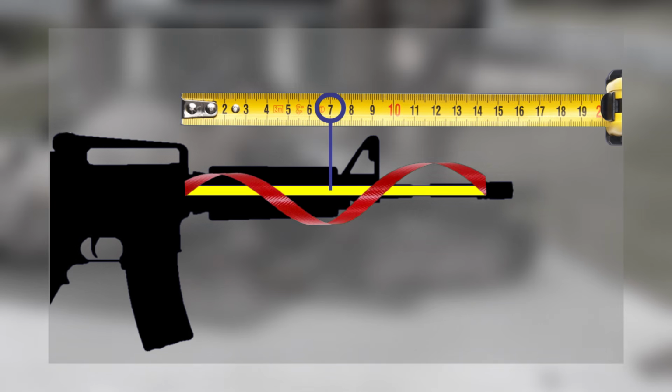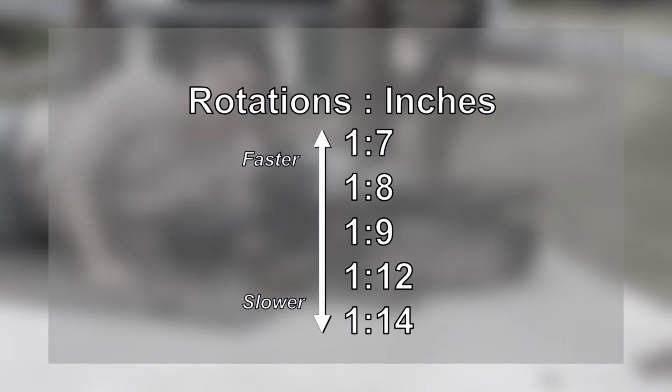So, 1 in 7, 7 inches of barrel before the bullet makes a full rotation in the rifling, and so on. What this amounts to is that the lower the second number, the faster the twist, or the more spin the barrel will impart on the bullet. And the larger the second number, the less rotations the bullet will be forced to complete before exiting the barrel.